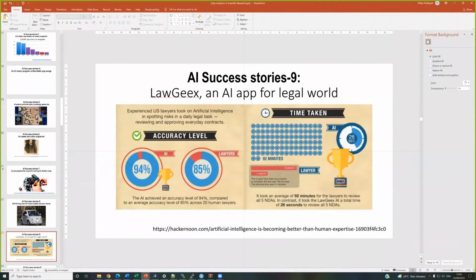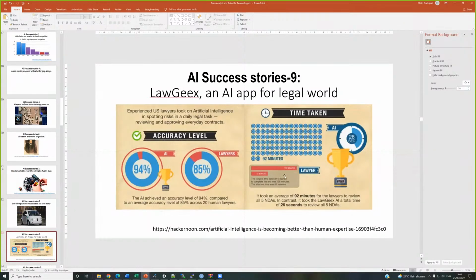Even in the legal world, instead of lawyers arguing, suppose you have various documentation of various evidences. There is software now based on machine learning that can tell you who is the real one. And as you can see, it took far less time, just 26 seconds, and with more accuracy also.